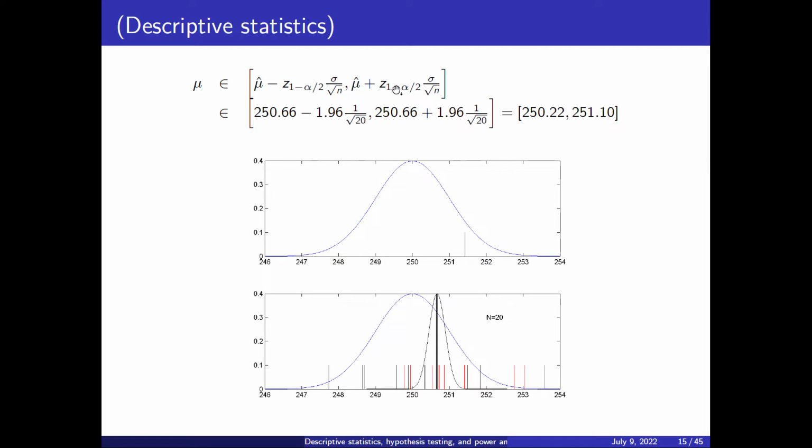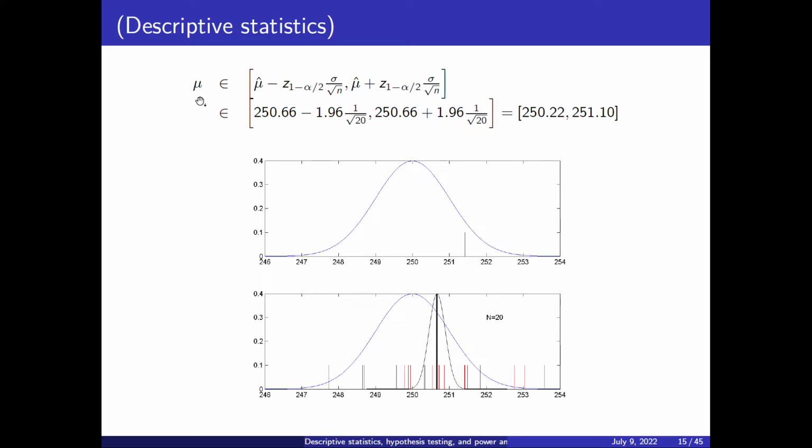So this z somehow accounts for the Gaussian, and the alpha is, 1 minus alpha is the probability that the interval, this interval that we have constructed, really contains the population parameter. So in this particular case, our confidence interval with a confidence level of 95%, with 95% probability, this confidence interval contains the population parameter.